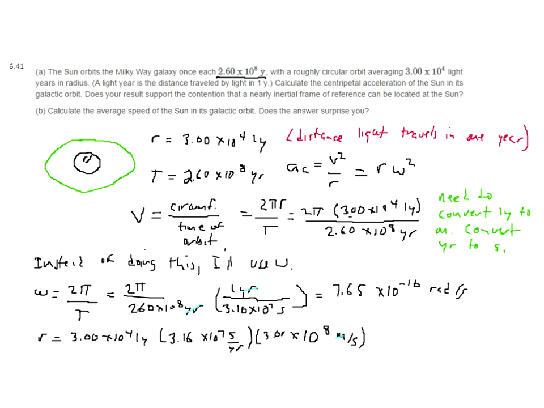Seconds cancel here, and the years cancel with the light years there. So let's go with the answer first: 2.84 times 10 to the 20th meters.